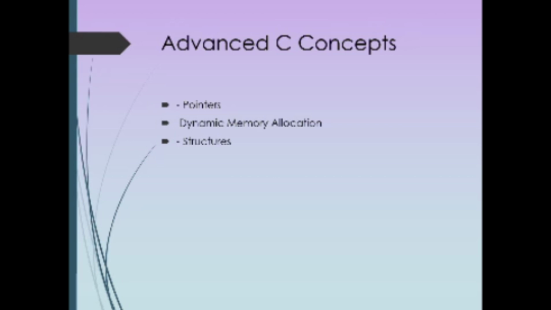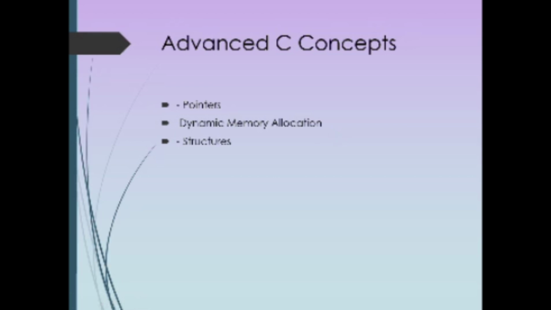Now switching to advanced concepts in C, there are pointers, dynamic memory allocation, and structures. Pointers are basically used to find the address of a variable. Pointers are also a type of variable. The syntax for a pointer is data type, asterisk, variable name, and semicolon.